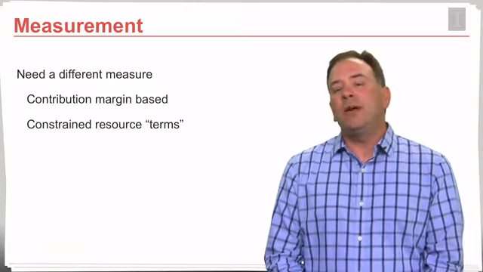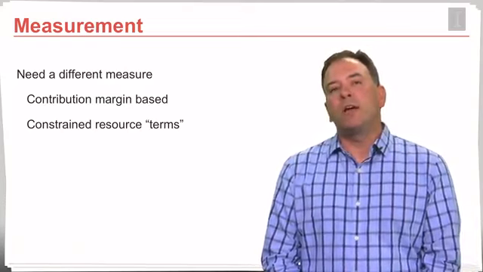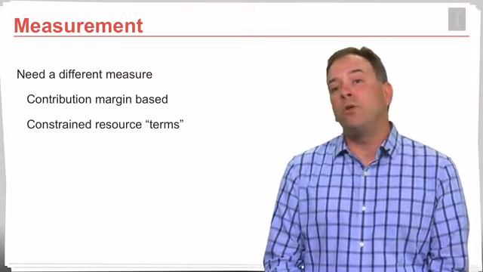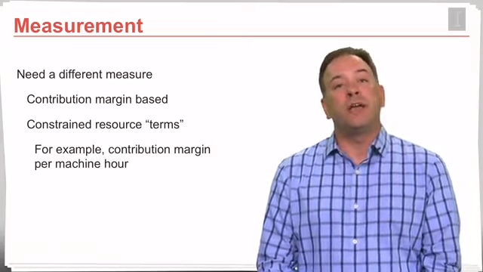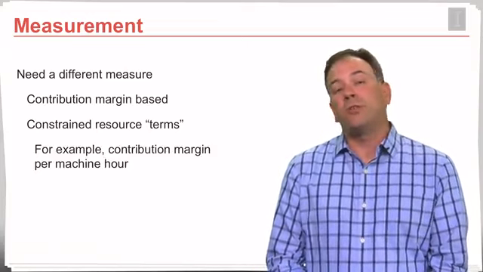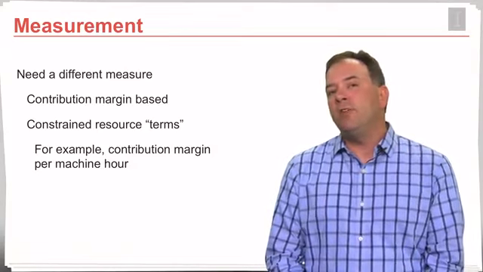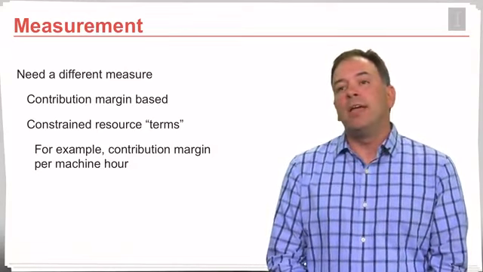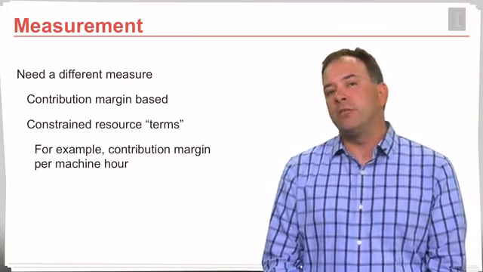But we need constrained resource terms to be different. No longer are we going to focus on contribution margin per unit sold, but rather contribution margin per unit of constrained resource. When our most constrained resource is inside or supply-based, then we need to convert that contribution margin number into a contribution margin per unit of our most scarce resource.